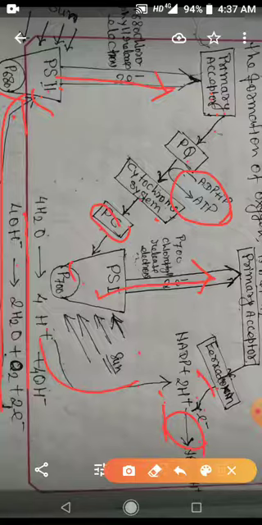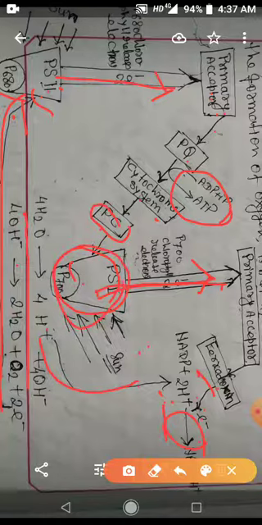Children, in cyclic photophosphorylation, electrons expelled from photosystem 1 return back to the same photosystem. But here you see electrons expelled from photosystem 1 are used in the formation of NADPH2. So from where will photosystem 1 get electrons?